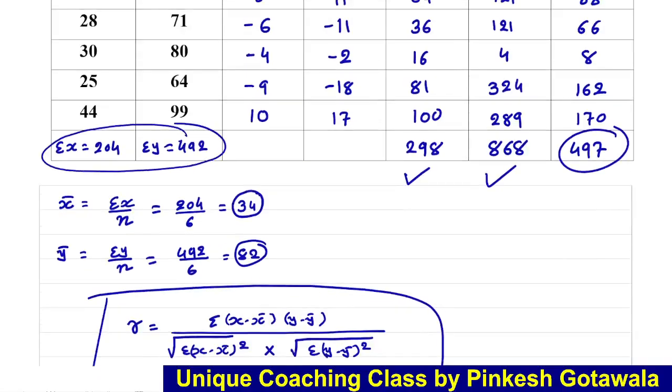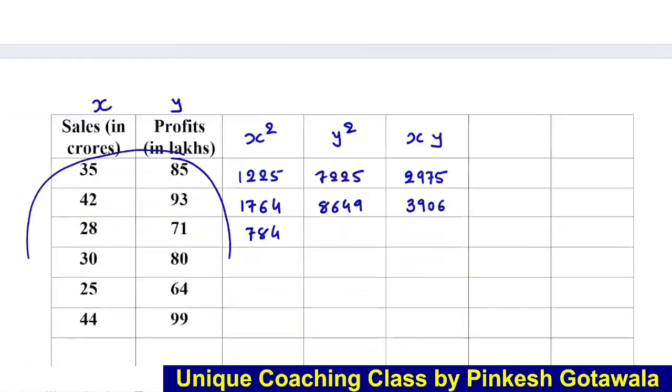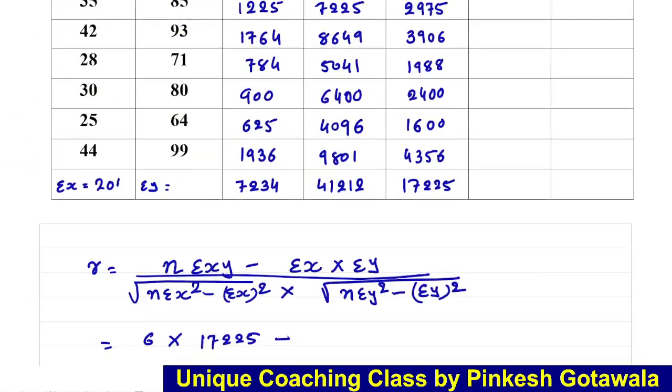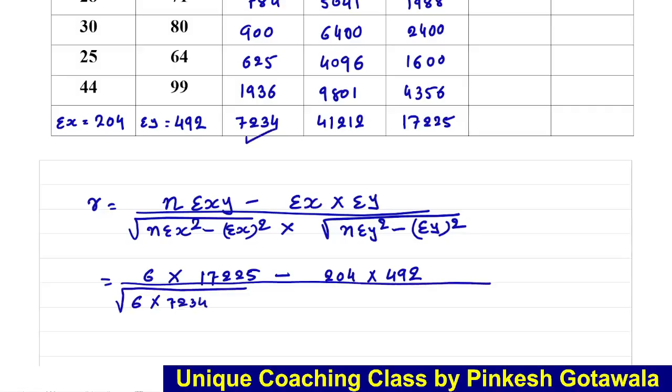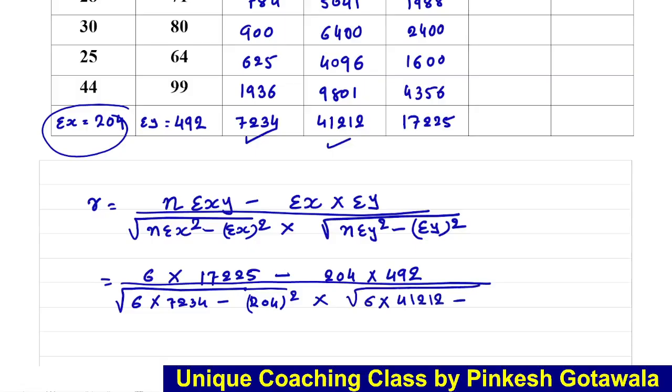Here n is 6, sigma x square is 7234, sigma x whole square, and 6 sigma y square, 41212, and sigma y is 492 whole.